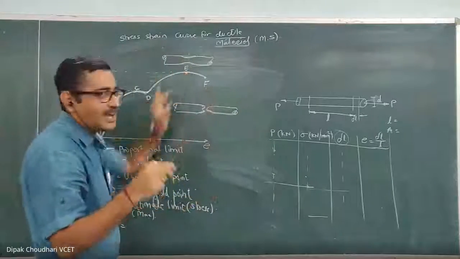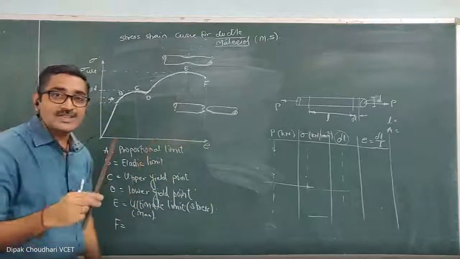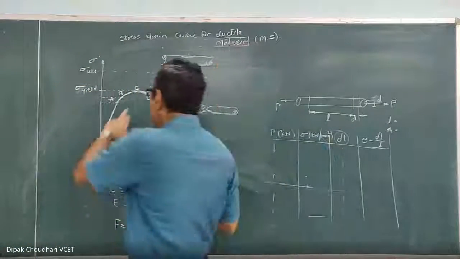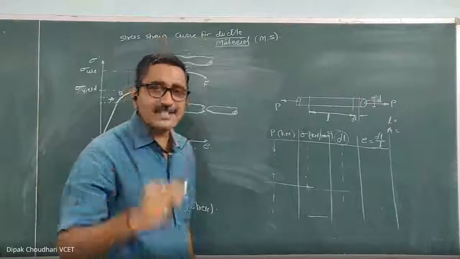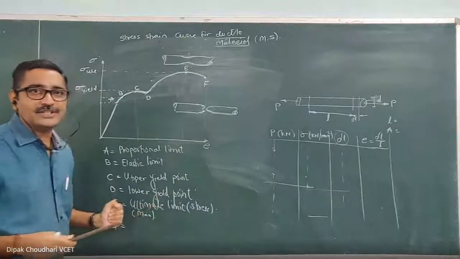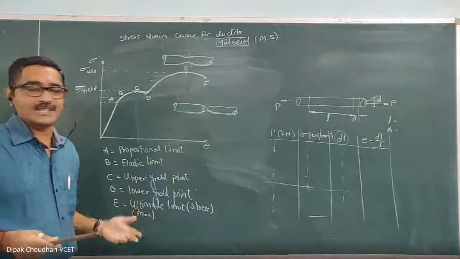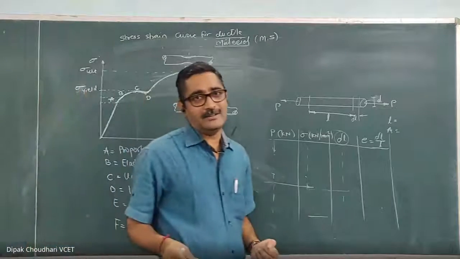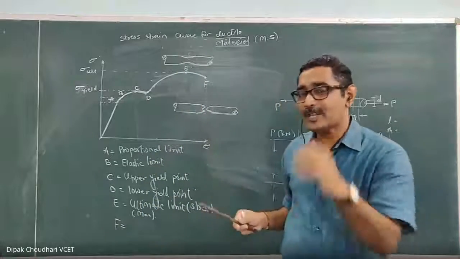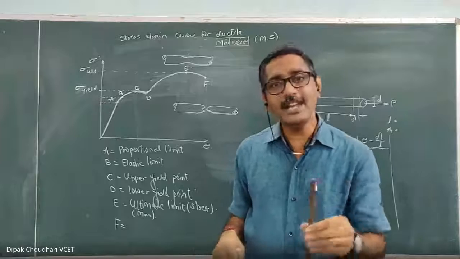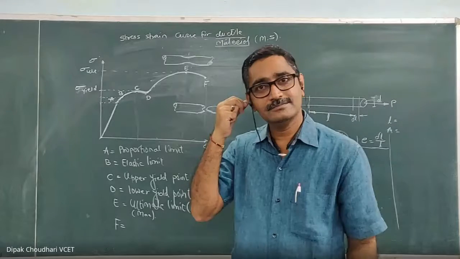I should know how much ultimate stress it will sustain, how much yield stress it will sustain, how much is the proportional limit, and what the elastic limit is for this particular material. These are mechanical properties one should know to design any component made of this material.